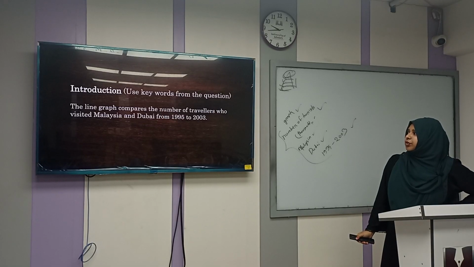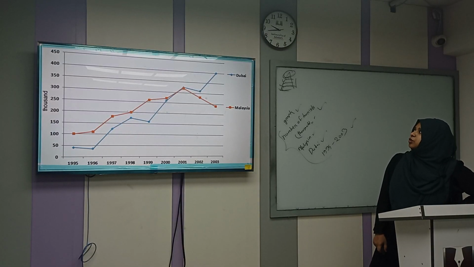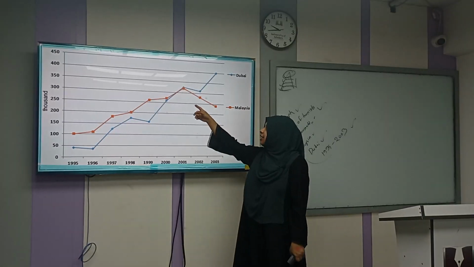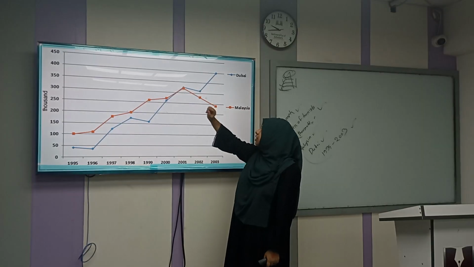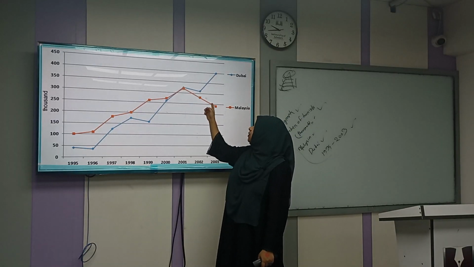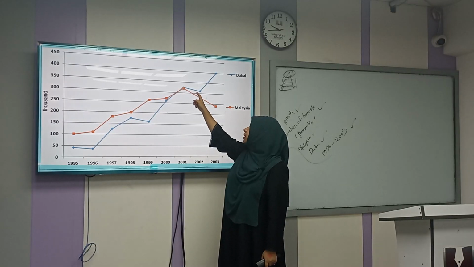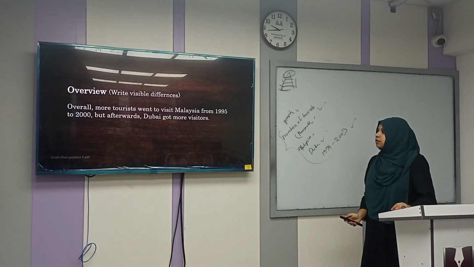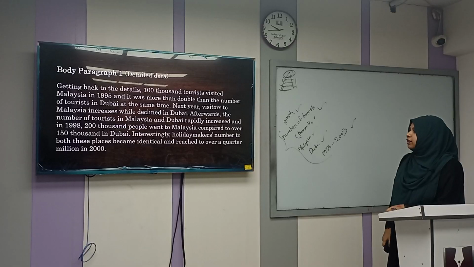So in the next 2 years, 2002 and 3, more people went to Dubai than Malaysia. At this point, they were exactly the same. It was 225, they say. But after that, this went down and this went down, but it was still more than this. And then gradually it went up. Reached over a quarter million.